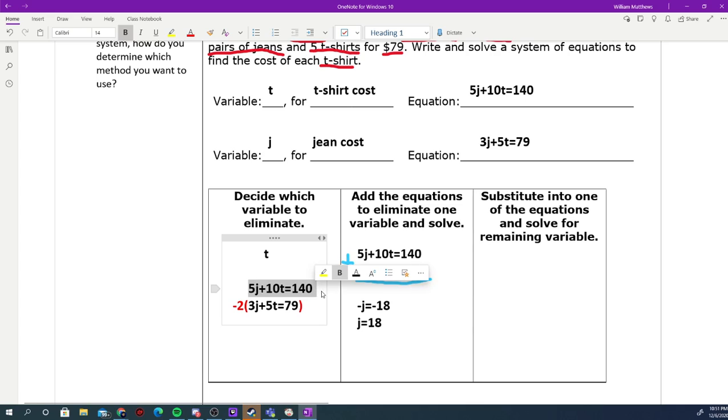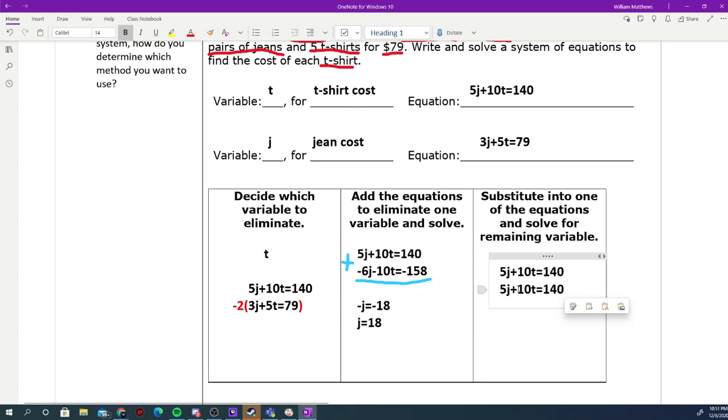Now I'll plug this into my original equation. Either one of them does not matter. I'm replacing my j value with 18, and then I solve for t. 5 times 18 is 90.